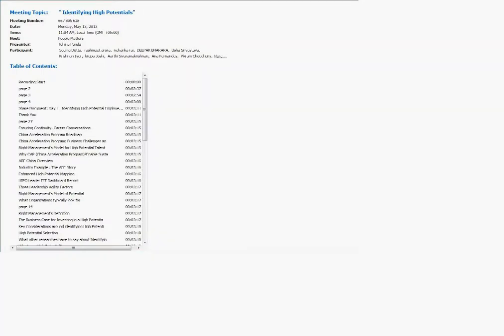Then the next step is to define succession factors. This is where we define what leadership success looks like for the target levels we are focusing on.